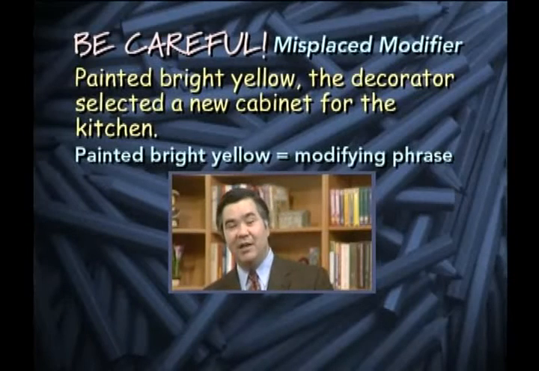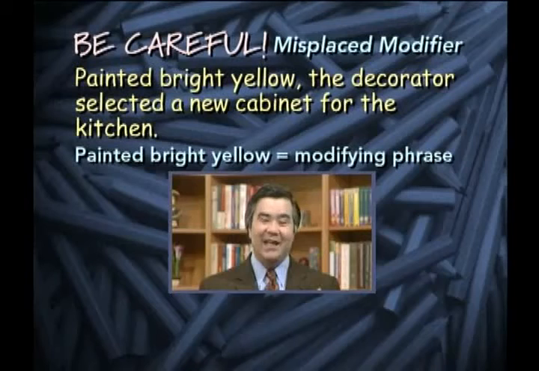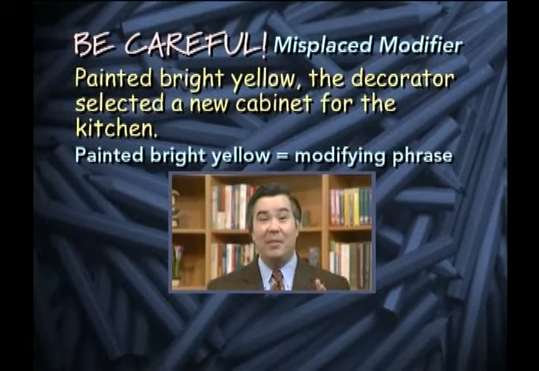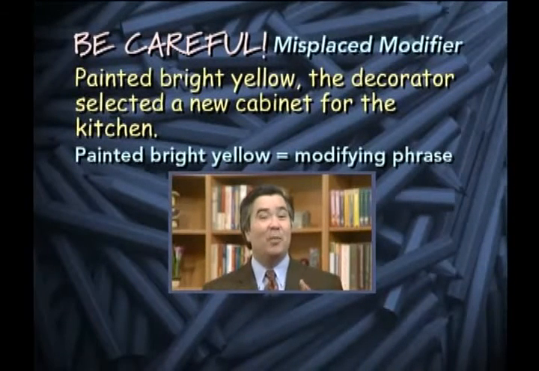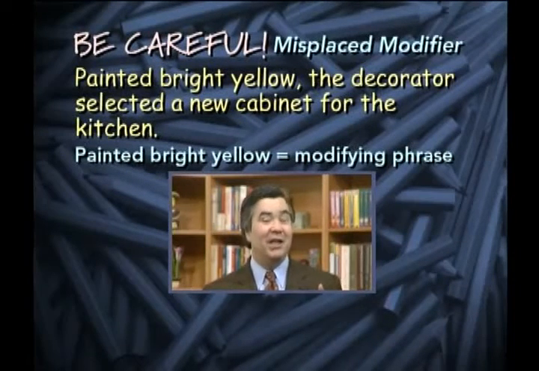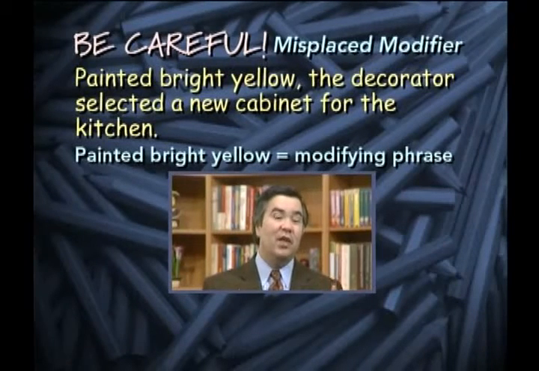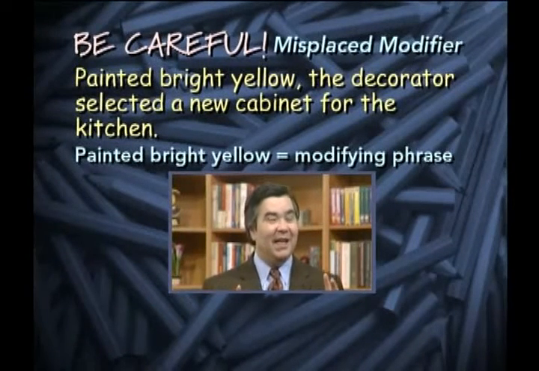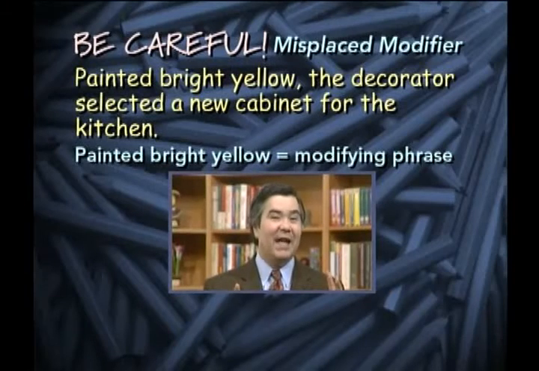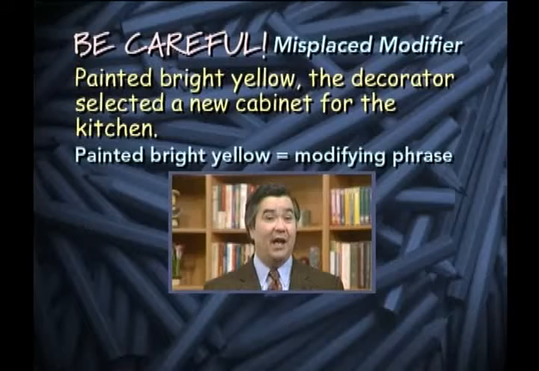But there is a moment or two of confusion, and it's actually a little comic if you think about what the sentence seems to be saying. Painted bright yellow, the decorator selected a new cabinet for the kitchen. It doesn't really make sense, and it's a little bit confusing, causes the reader to pause just a second to get his or her bearings and figure out what's actually being said, and that's not the kind of effect you want your writing to have.